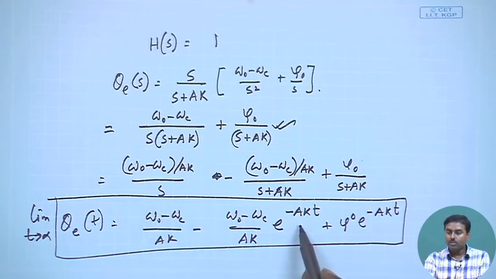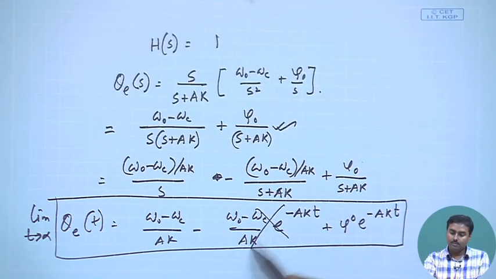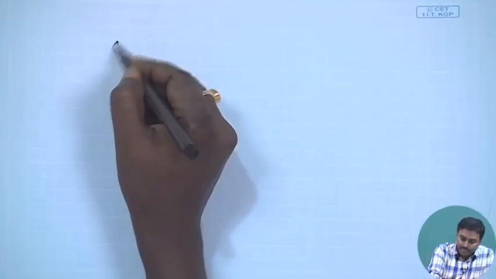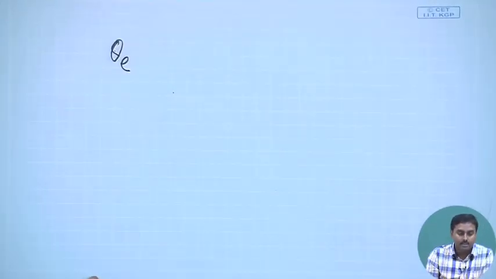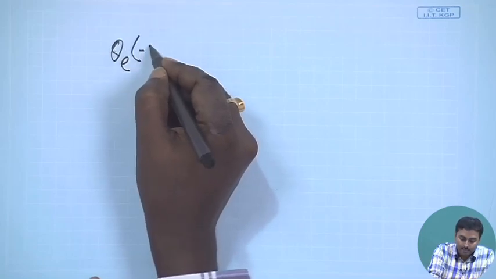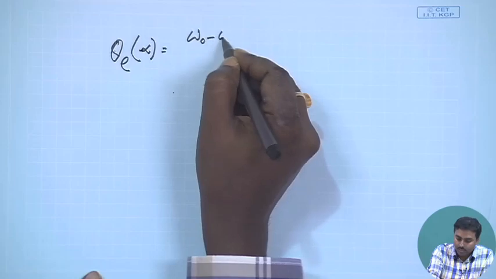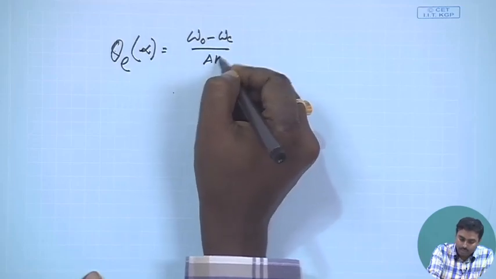As t goes to infinity, this goes to 0, so these two terms will be cancelled out. What I get is the steady state phase error, let us call it theta e at infinity, which happens to be omega 0 minus omega c by a k.